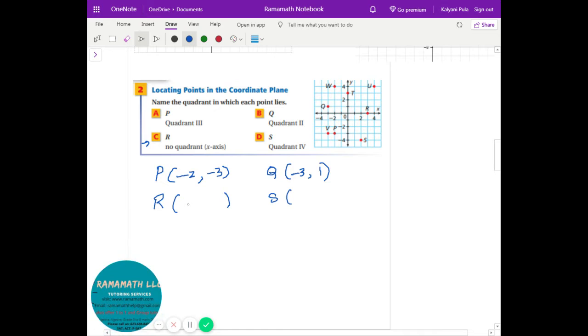It's x then y. X is 3, but for the y we don't have anything, so put a 0. Alright, and the last one is S. It's 2 on the x, and then -4 on the y. So 2 and -4.